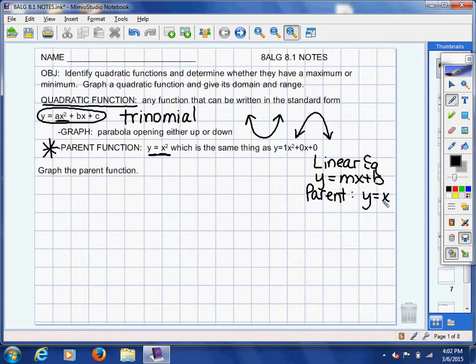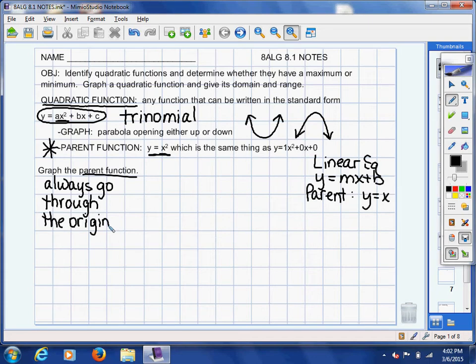Now, a parent function, I'll go ahead and tell you, parent functions always go through the origin. So if you are told, or you read, that this is a parent function, it goes through the origin. That's the hallmark of a parent function. We know that to be true, okay?